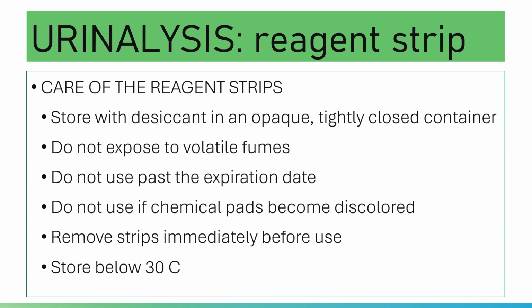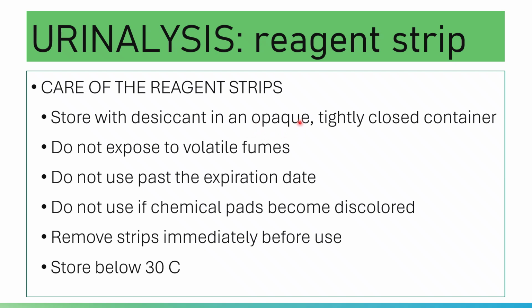Okay, care of the reagent strips. Store with desiccant in an opaque, tightly closed container. Please note, because your reagent strip is hygroscopic, it attracts moisture. That is why it needs a tightly closed container. It should not be a transparent container.